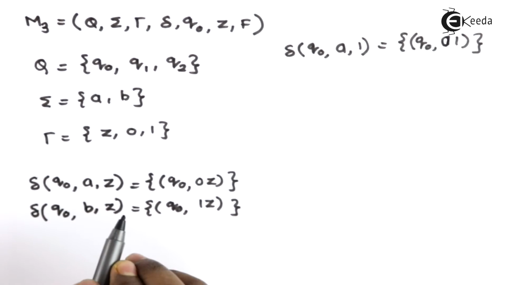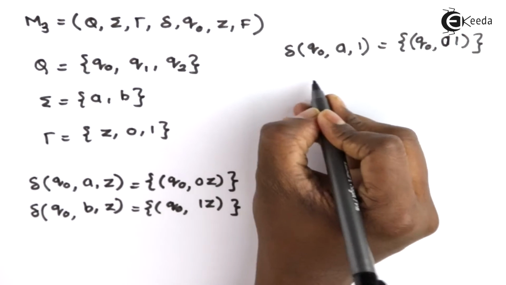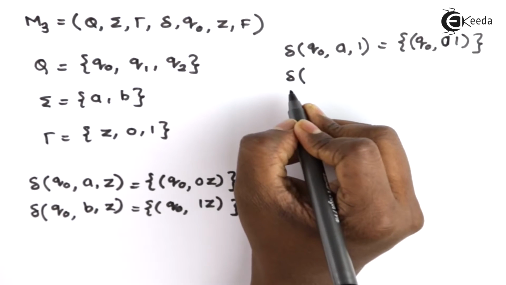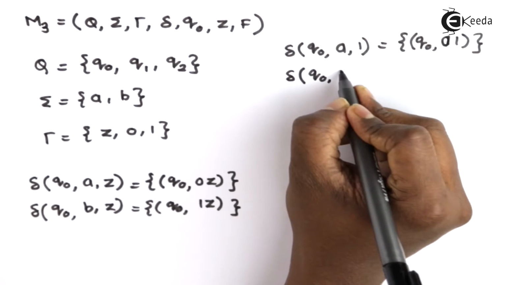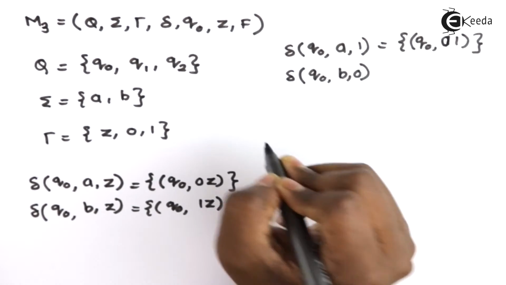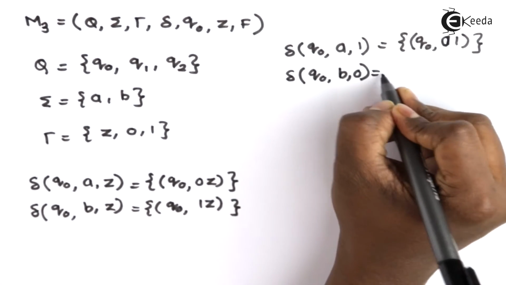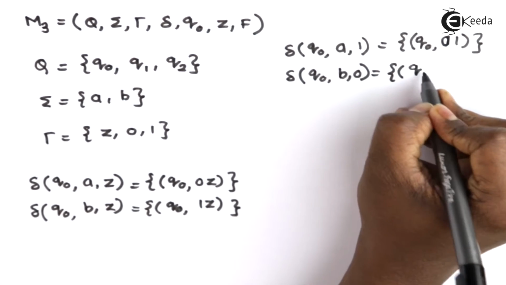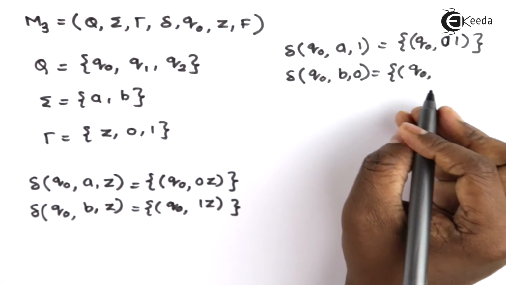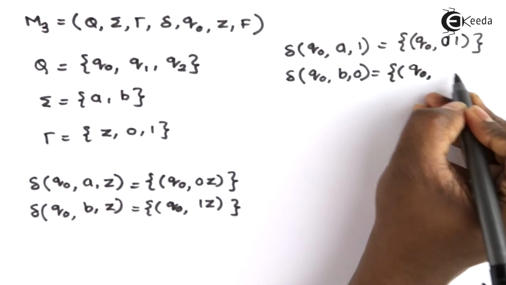It will have only one transition. Similarly, delta of Q0 on a B, if 0 is the top of the stack, it will have a transition to Q0 only, but pushing a 1 onto the stack.